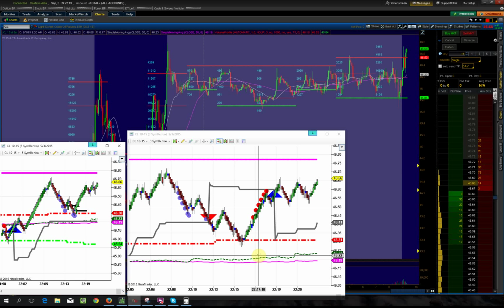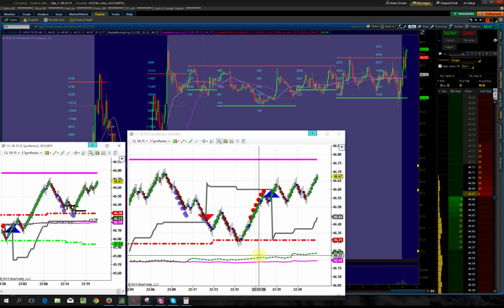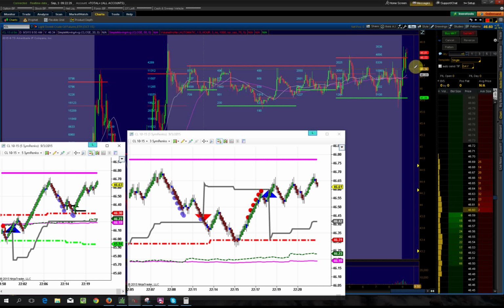At this point, it just keeps pushing higher and higher. That's good. And once this trend's kind of established, then it's going to come back down, and then we'll look for that deep retracement, and then we can buy there.